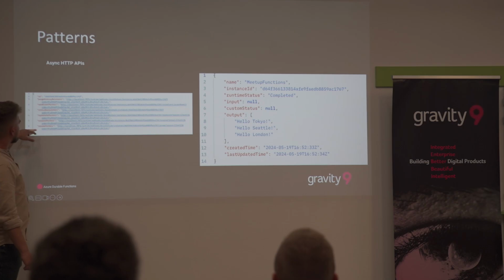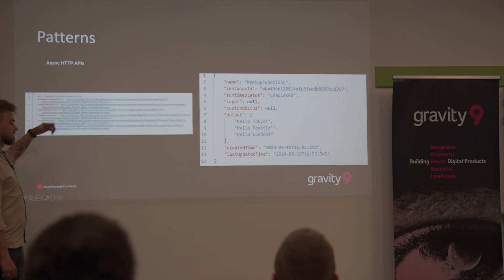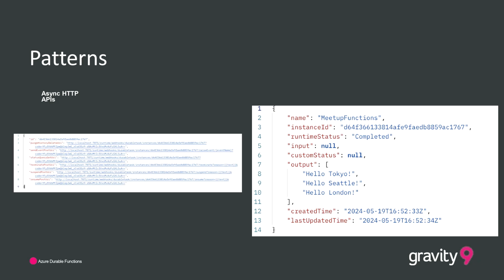You get a JSON file with different actions you can execute on this long-running process. One of them is status. You can also send an event to this long-running process, you can terminate it, you can suspend it, and then resume it if you need.